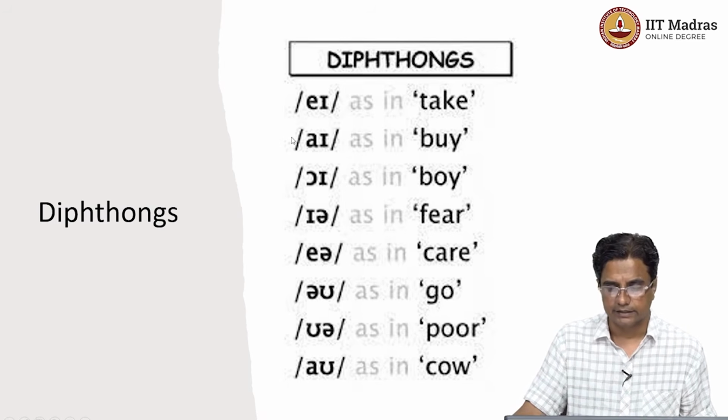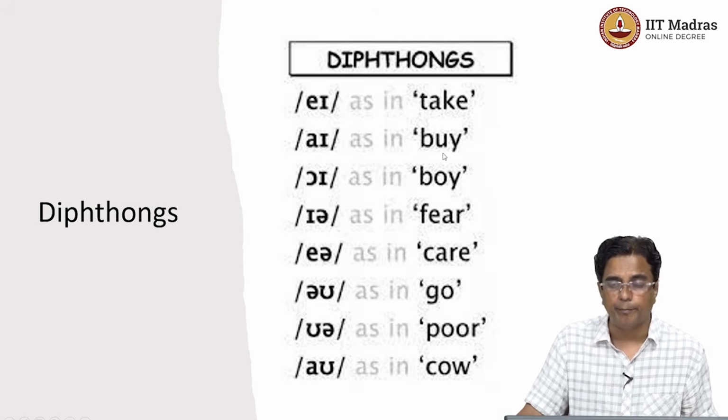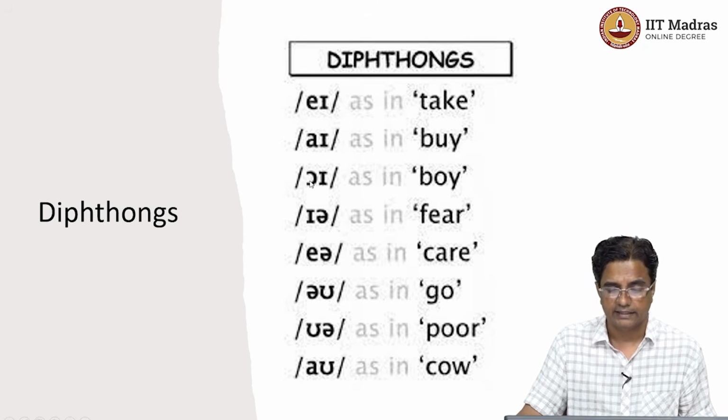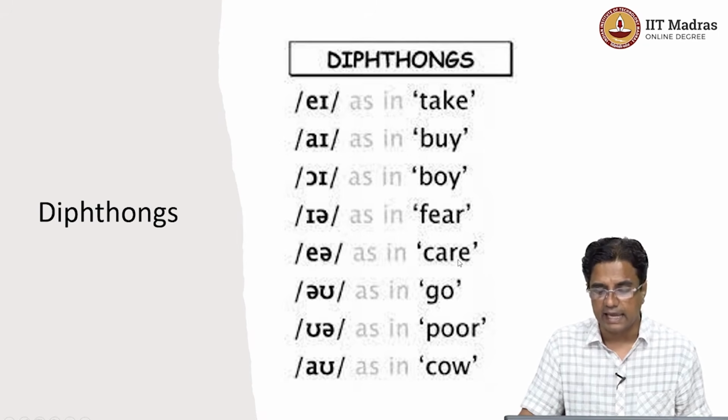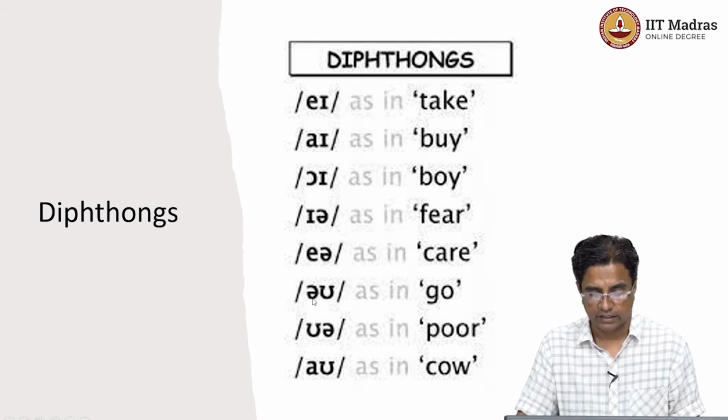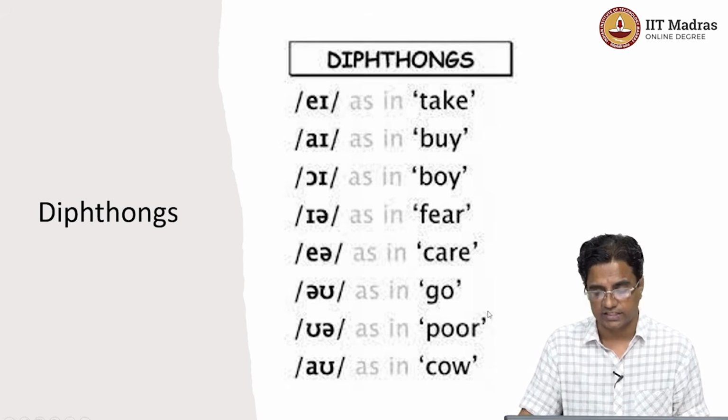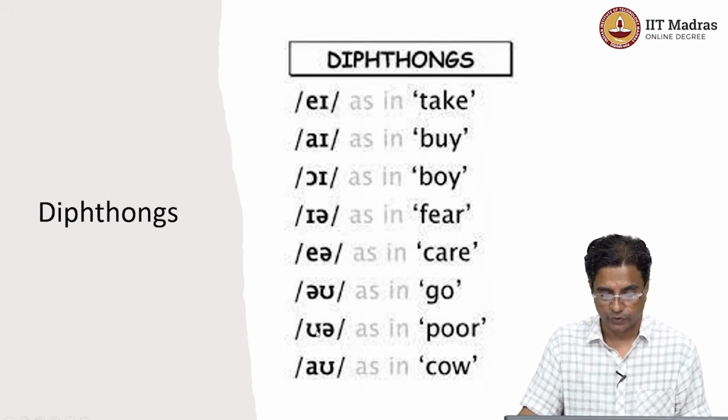I, as in buy. Oi as in boy, ear as in fear, air as in care, o as in go, ur as in poor, ow as in cow.